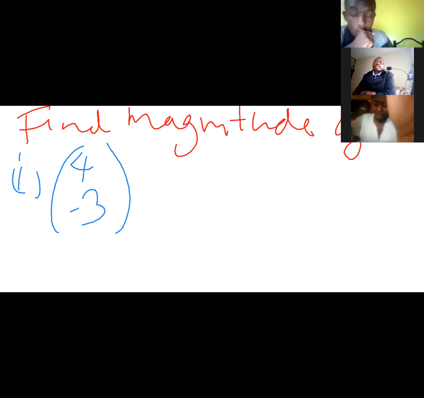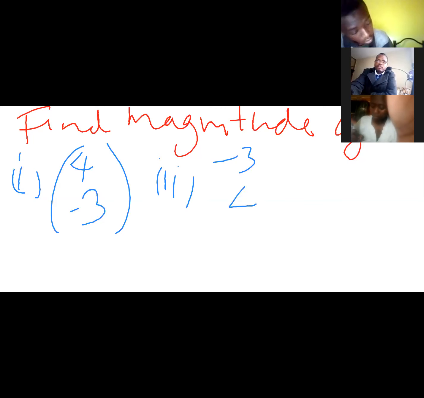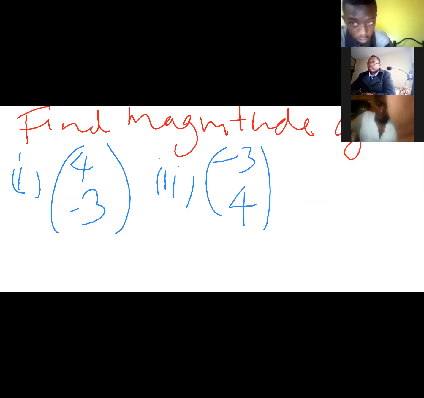Then number 2, (negative 3, 4). Find the magnitude of (4, negative 3), (negative 3, 4).